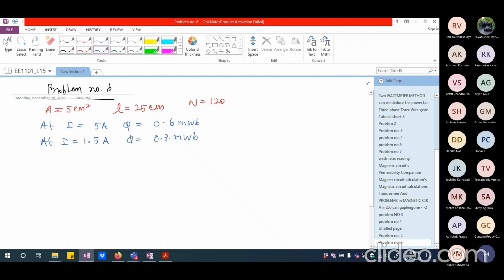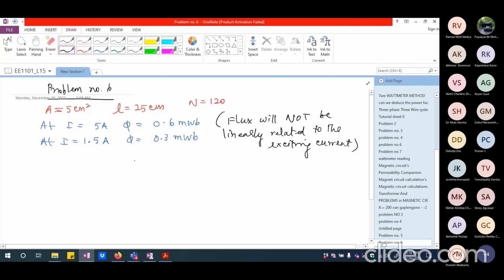Which tells that the flux is not linearly related to the current. So this is one conclusion, especially in iron or any other ferromagnetic material, flux will not be linearly related to the exciting current.